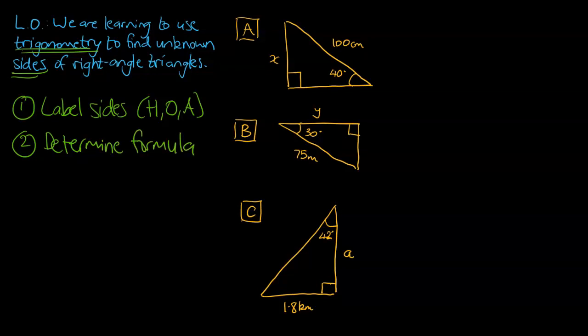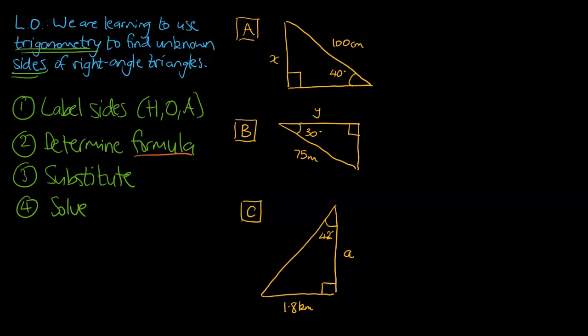And hopefully you remember from the last video, we looked at stuff called sine, cos, and tan. There are 3 formulas, and you've got to find the one that's relevant to your triangle. Once we've done that, we then substitute what we know. And once we've substituted, we've got an algebraic equation, so we can go ahead and solve.